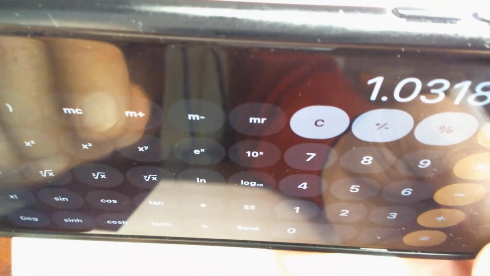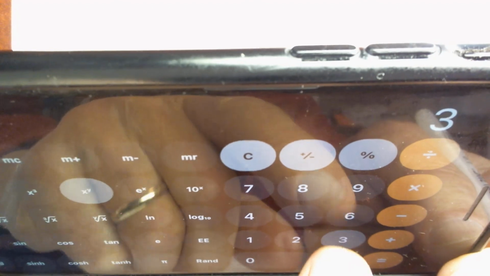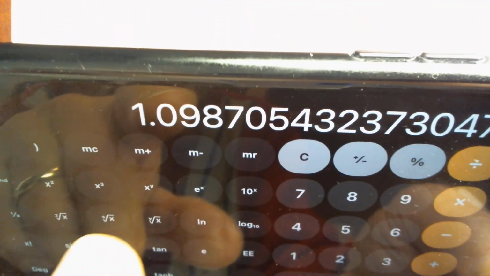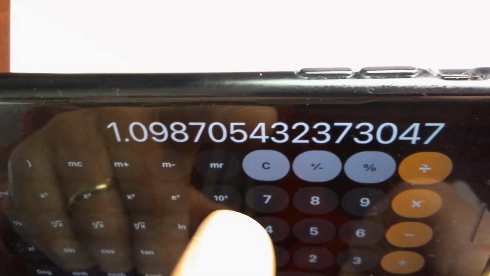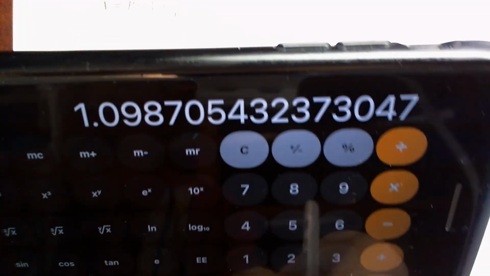Then I press the X to the Y key, and then input 3 for the exponent, and then touch the equal sign, I have now 1.09878705, etc. Okay?